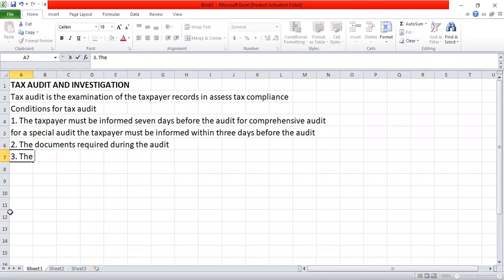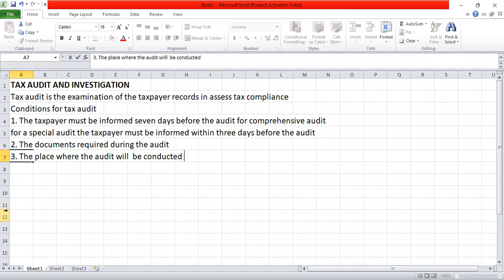The place where the audit will be conducted or will take place. So another condition is that the taxpayer must be informed the place. This is very common if a taxpayer has got very many branches.